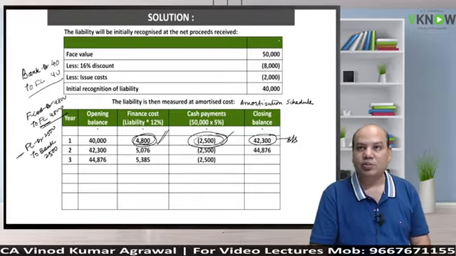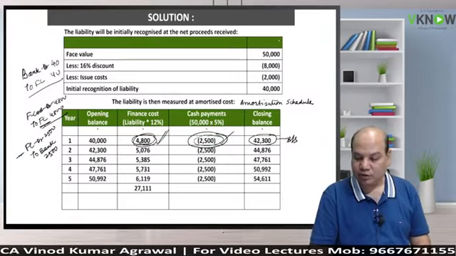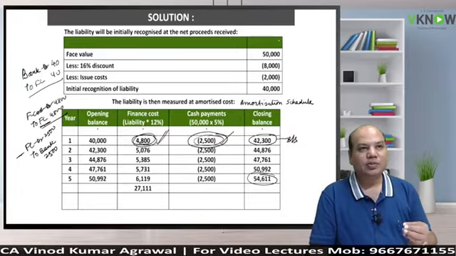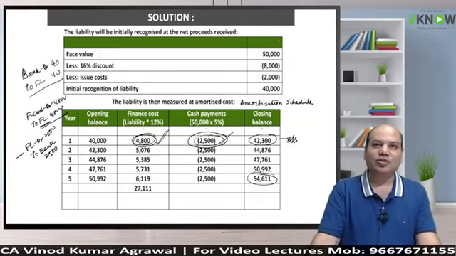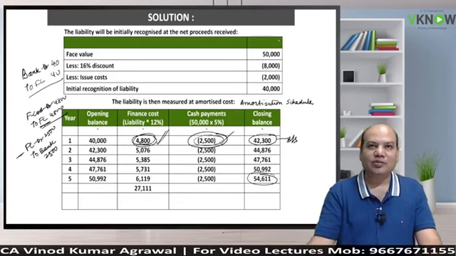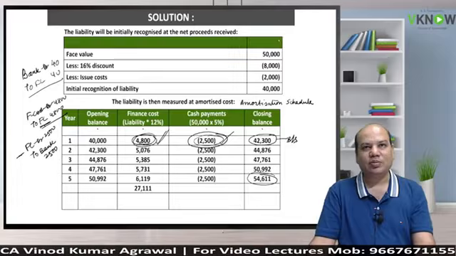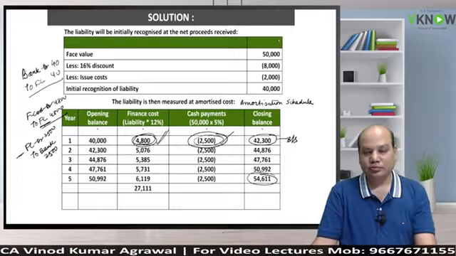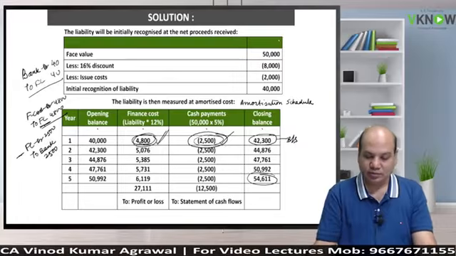Opening balance, 12%, payment, and after 5 years you will find one amazing thing. This balance will become equal to 54,611. That is your cross check, and on the next day, next year 1st January, they will repay this liability. Understood?